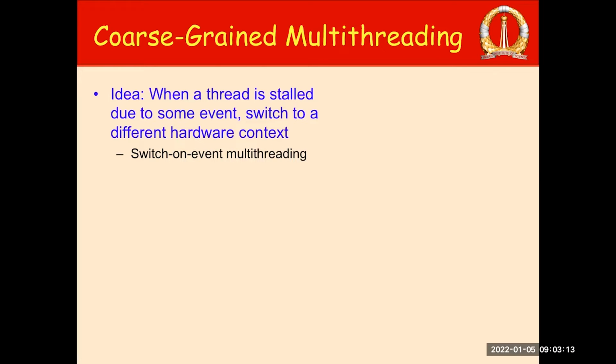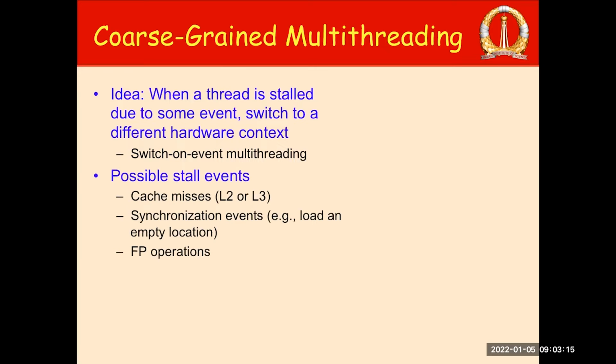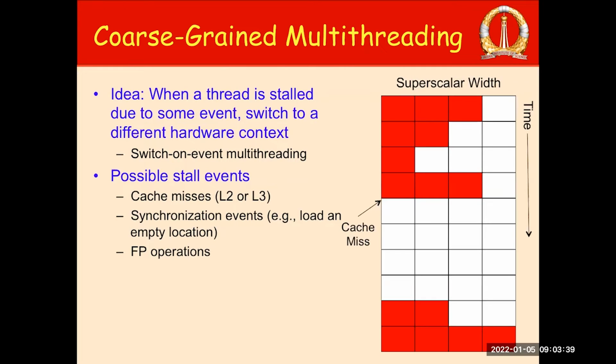For example, the stalling event could be an L2 cache miss or an L3 cache miss, or it could be a synchronization event, or it could be a long latency floating point operation such as a floating point multiply or divide, and you don't want the latencies of the floating point multiply and divide to be stalling the pipeline for a long time. So you may want to switch to a different thread and start executing instructions from that.